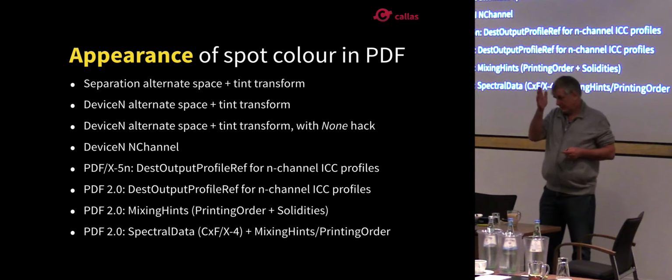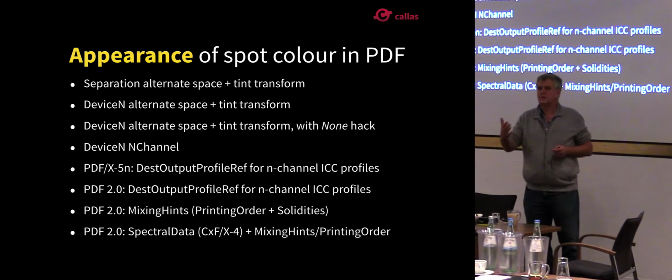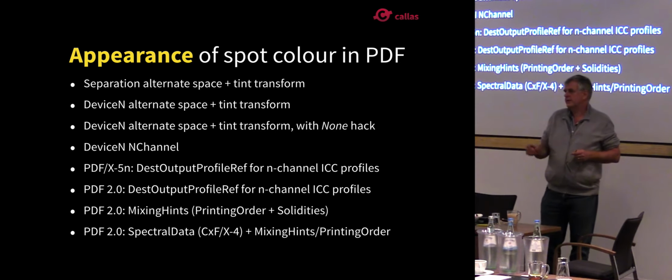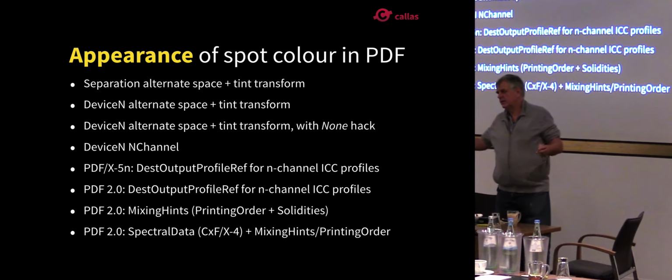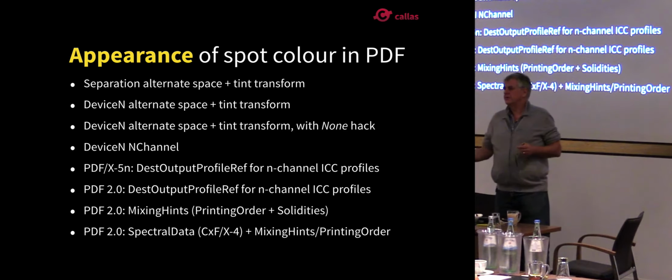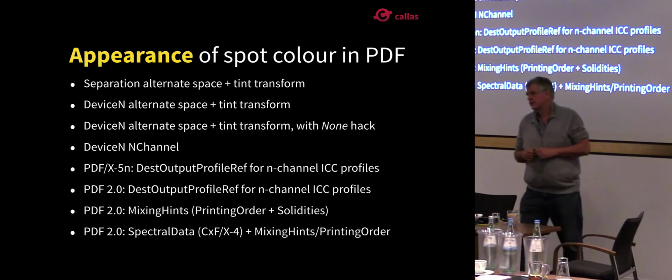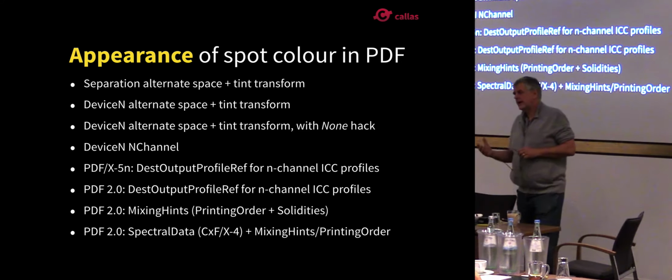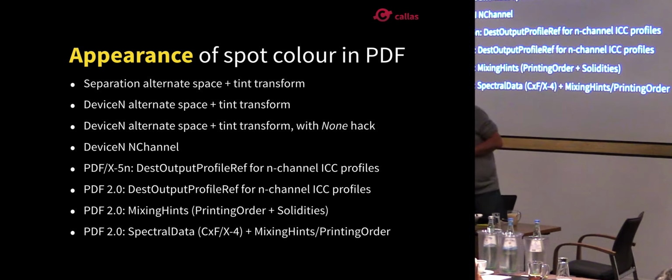You send light at different wavelengths to the printed sample, and you measure the reflectance of those wavelengths, and then across the range of visible light, you can find out how much of blue and green and yellow and red the spot color is reflecting, and that gives you a very good handle on dealing with that spot color, also when it's interacting with other colors or with a substrate.